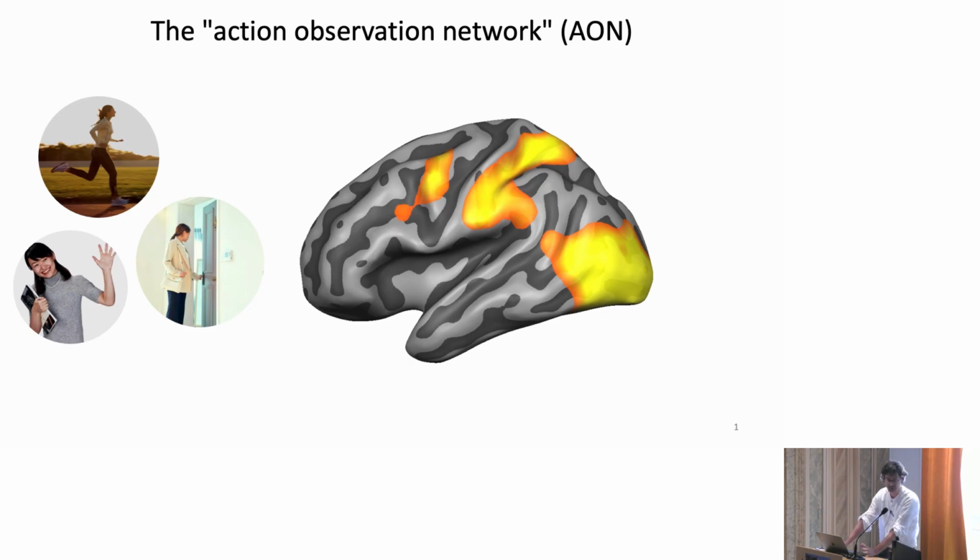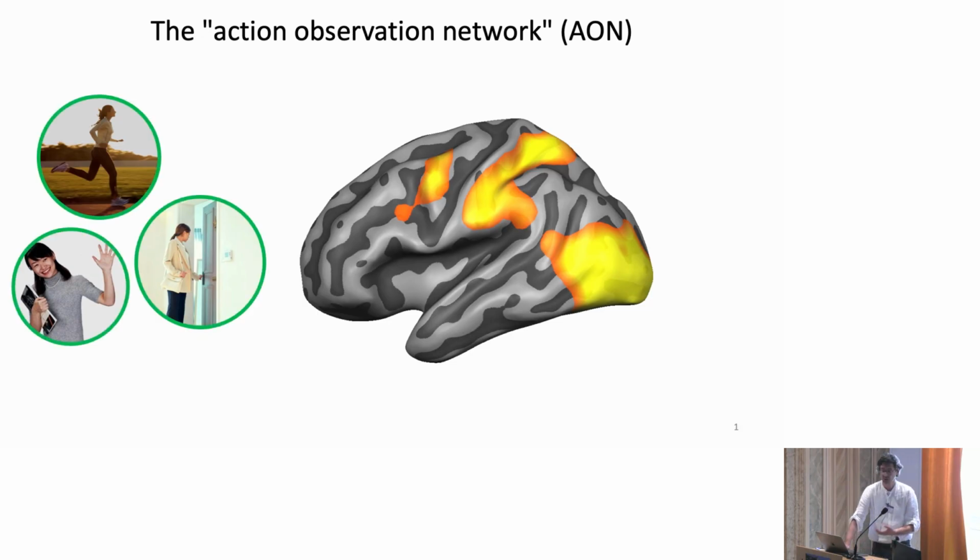So what is it? The Action Observation Network is commonly referred to as the network of brain regions involved in action observation and recognition of actions such as running, opening a door, or greeting someone. Now, this network does not really form a continuous pathway, not really a stream like the ventral stream for object recognition.